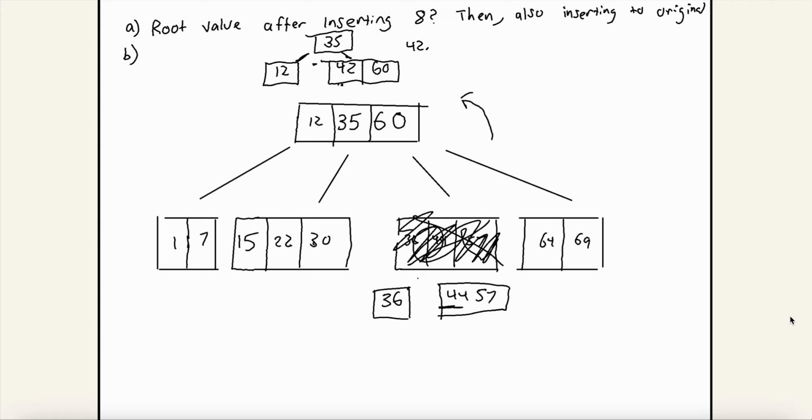And then, as long as it doesn't break our structure, we can just have all of these pointing to these new child nodes here. So yeah, the answer for this one is just 35.